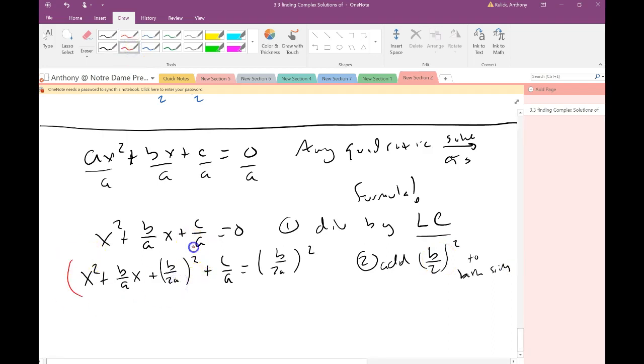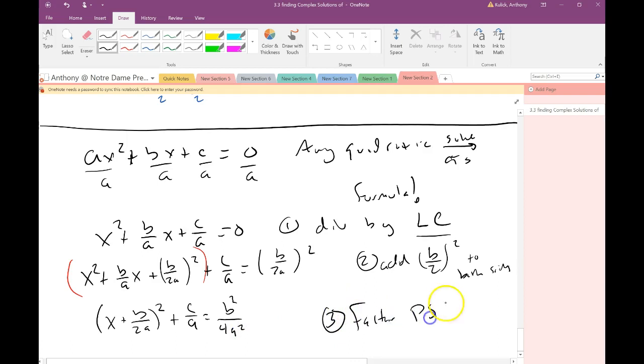So this part here now is a perfect square, so I can factor this to be x plus b over 2a squared plus c over a equals b squared over 4a squared. I'll just factor the perfect square and do some simplifying.